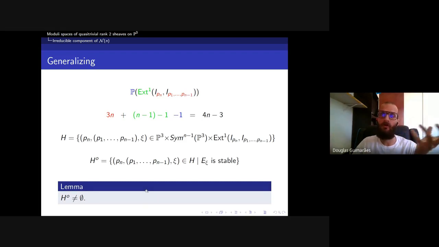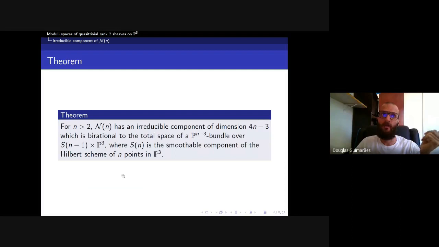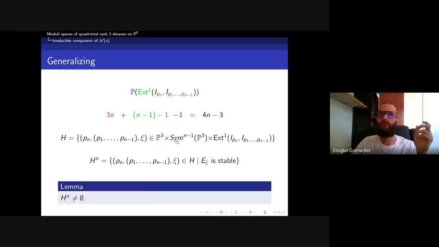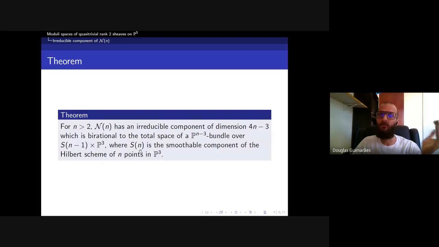So summing up and rewriting in a different form, for every n greater than 2, we have an irreducible component of dimension 4n−3, and rewriting this, this component is birational to the total space of a P^{n−3} bundle over the smoothable component of the Hilbert scheme of n−1 points of P3. This is in a more general setting than what we did here, but this is the theorem that we have.